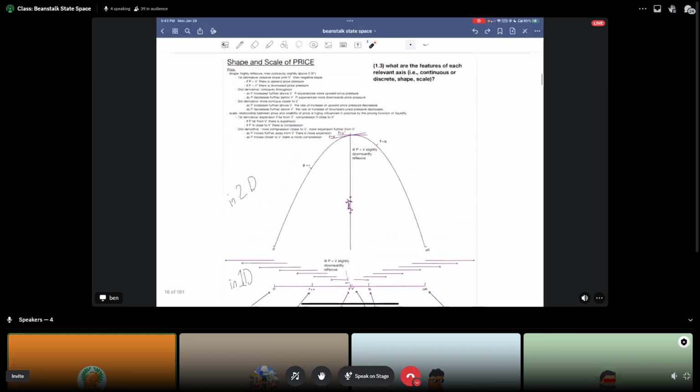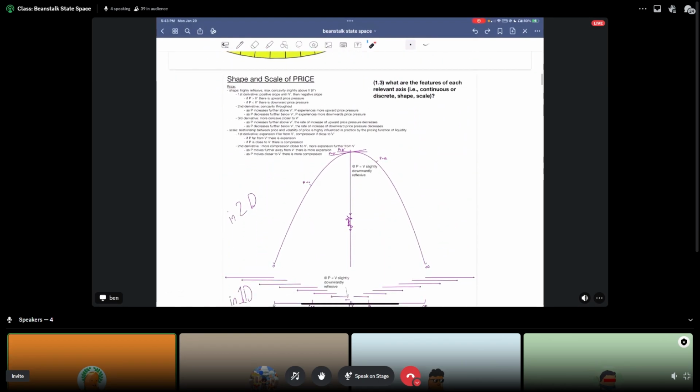Now, in the document, we have consideration of the shape up until the third derivative, which is not just whether or not the bowl is shaped like this or like this, whether it's upside down or I guess right side up if you want.